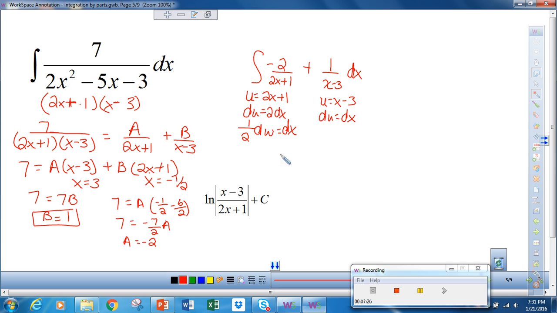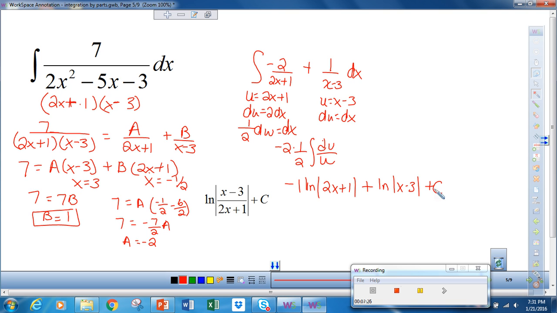So when I'm doing a direct substitution, I have negative 2, and this 1/2 has to come out, the integral of du over u, which of course is just negative 1 times the natural log of u, but what is u? u is 2x plus 1.